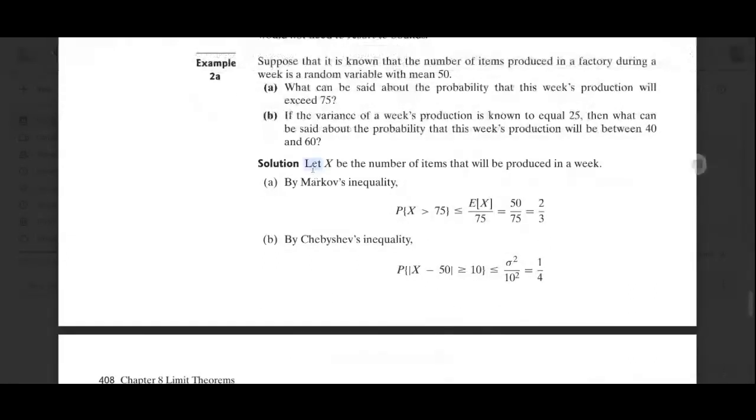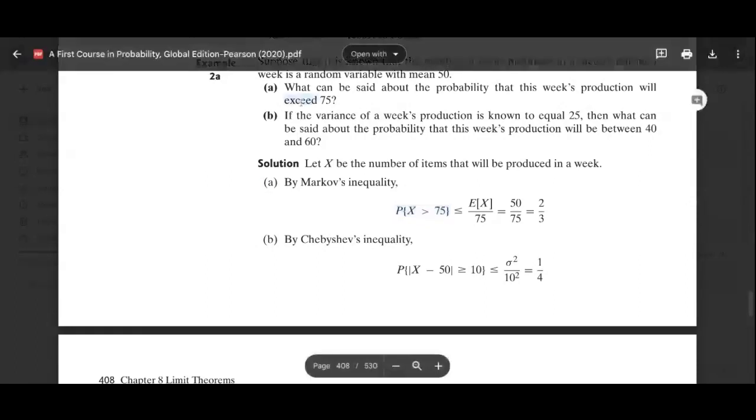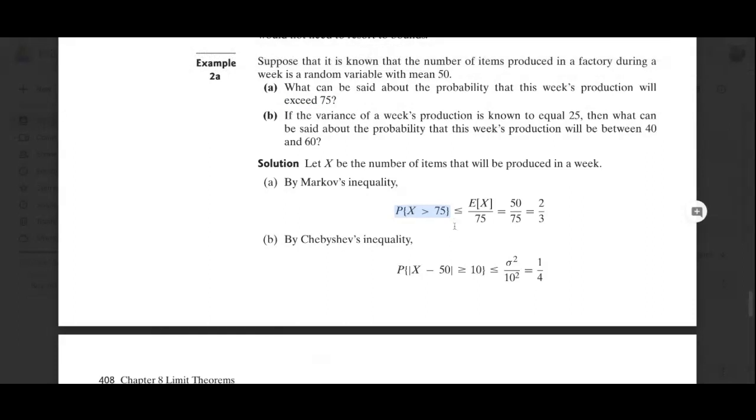For A, let X be the number of items produced in a week. By Markov's inequality, the probability that X exceeds 75 is less than or equal to the expected value of X divided by 75.